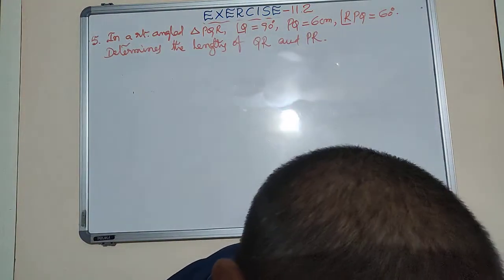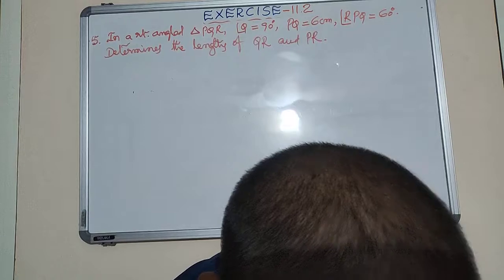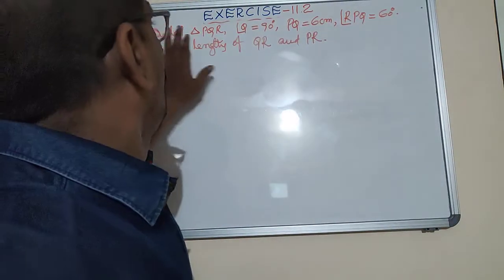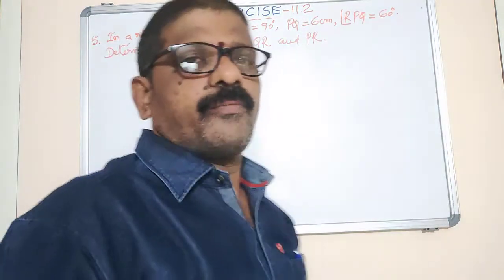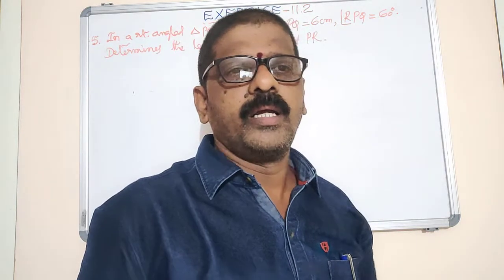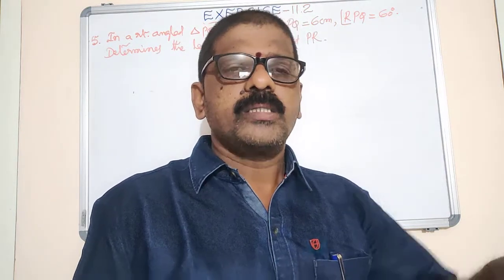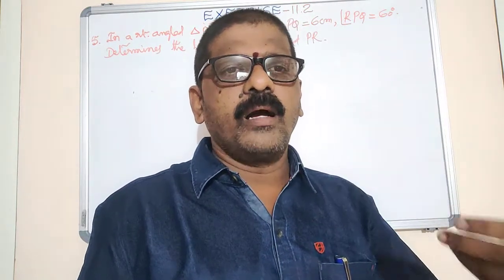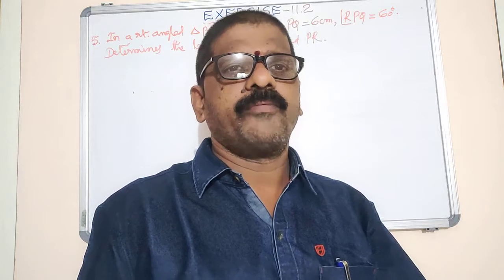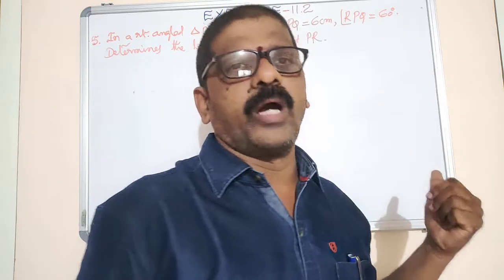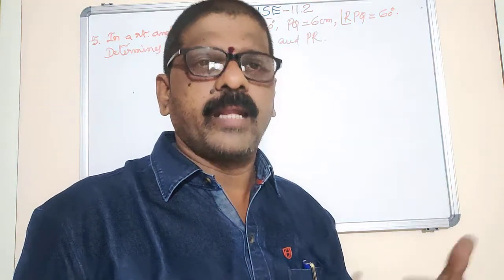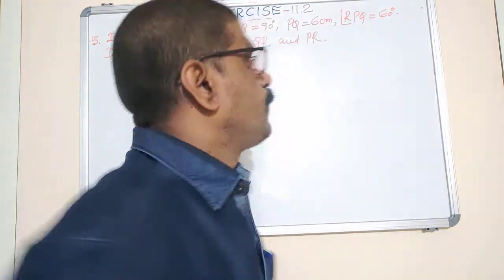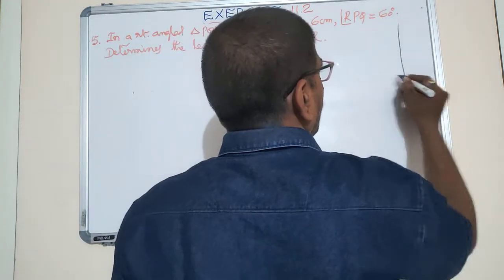Now, in a right angled triangle PQR, first of all we draw triangle PQR. Where is the right angle located? Angle Q is given to be 90 degrees, so the right angle is at Q. Clear?